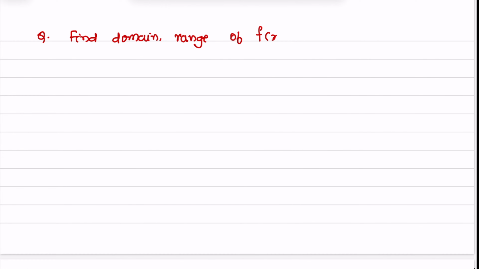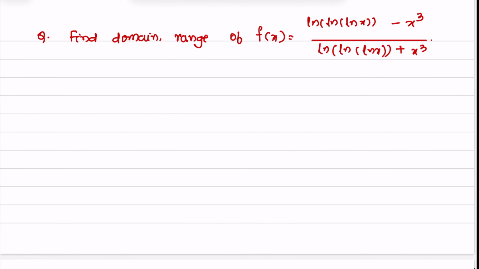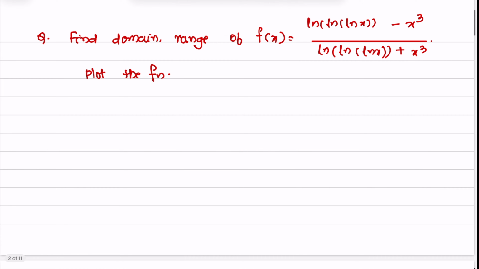Find the domain and range of f(x), where f(x) is equal to ln(x minus x cube) whole divided by ln(x plus x cube), and also plot the function. Let us try to solve it.